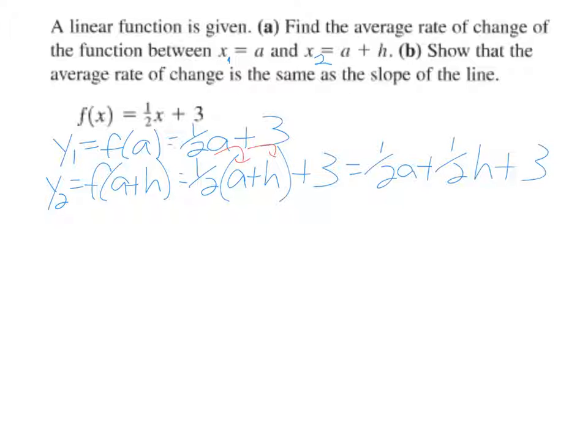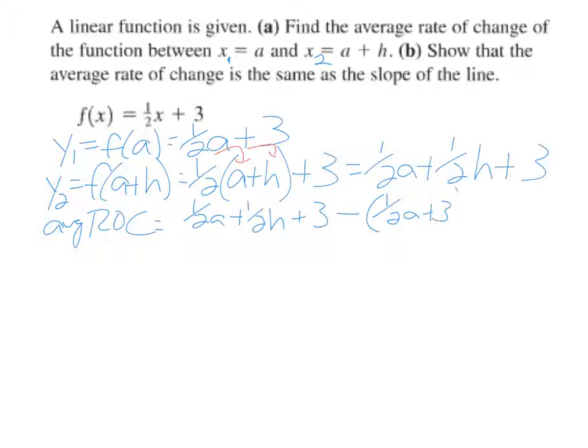Now the slope formula, which is the average rate of change. y2, 1/2 a plus 1/2 h plus 3 minus y1. Again, I'm going to seal up in parentheses because I'm subtracting more than one term, and I don't want to mess up my signs. y1 is 1/2 a plus 3 all over x2 minus x1.